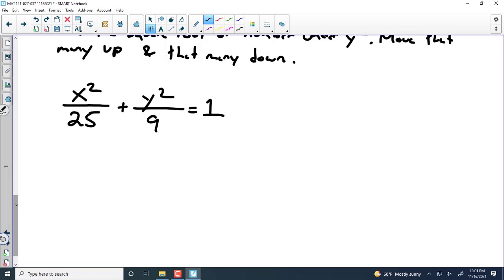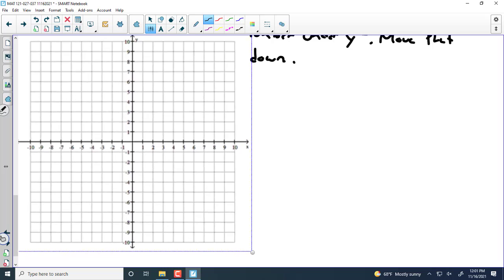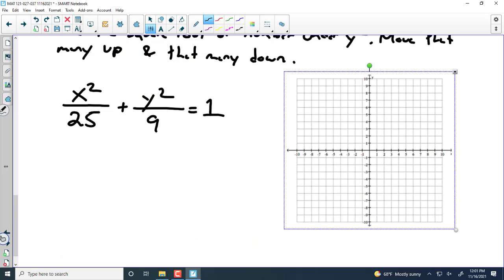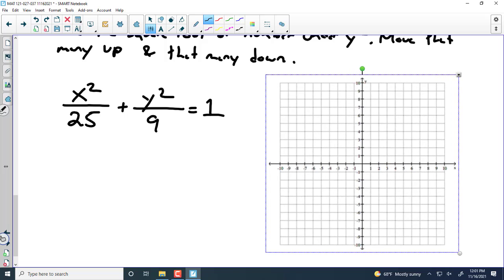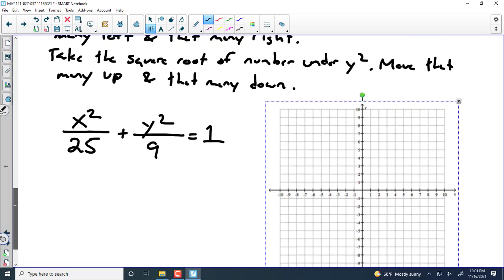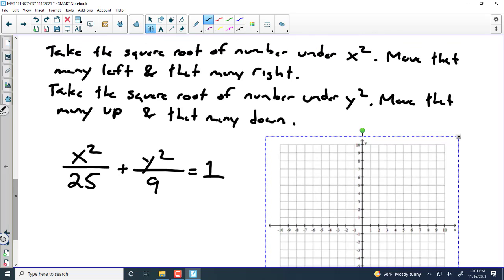So, that's an ellipse, everyone. This generates an ellipse. I'm wondering if, following my instructions, you can come up with 4 points on this ellipse for me. Everyone see if you can get 4 points on that ellipse by following my instructions. They're right up there.